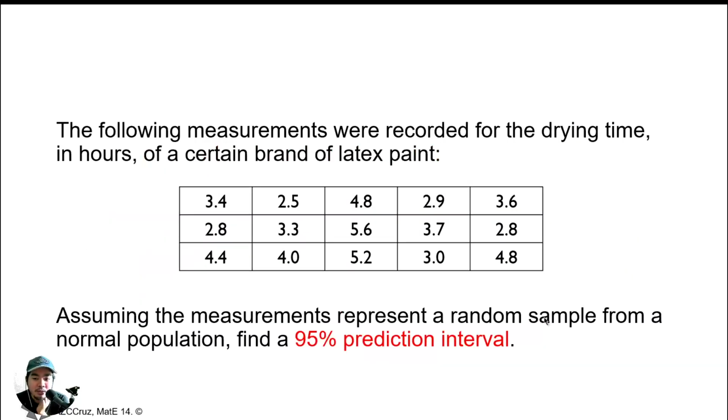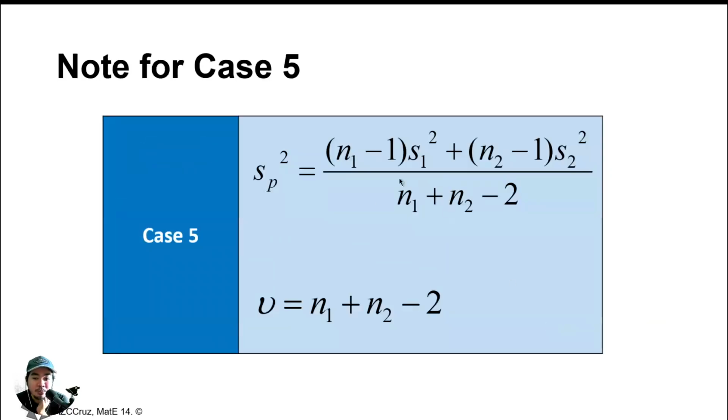Pero dito sa variances, since we have two data sets, then the total degrees of freedom when we input it in our t.inv, ang mangyayari is i-add natin yung dalawang degrees of freedom nila. So that's n1 minus 1 plus n2 minus 1. So mag-a-add lang yung dalawang minus 1. So that gives you n1 plus n2 minus 2. Ito yung magiging degrees of freedom for the pooled standard deviation.